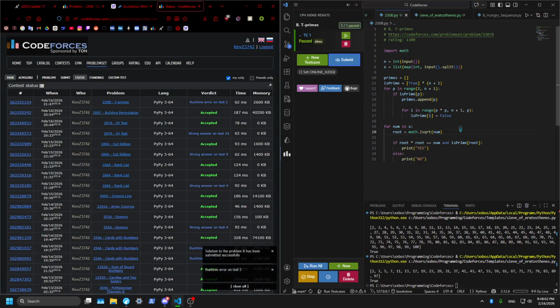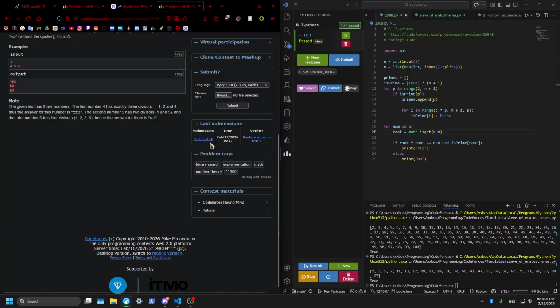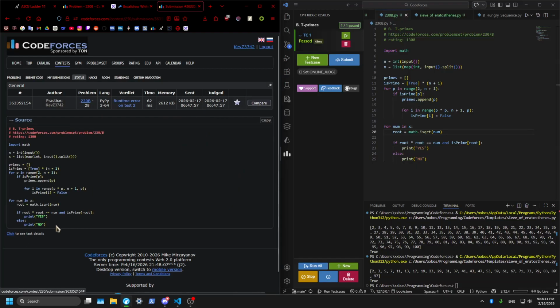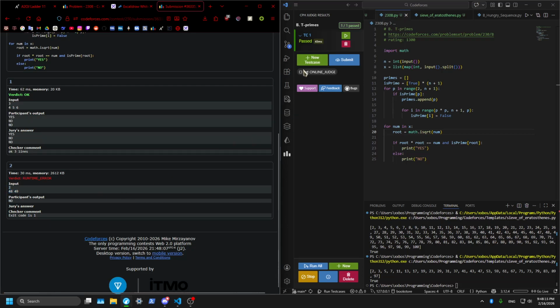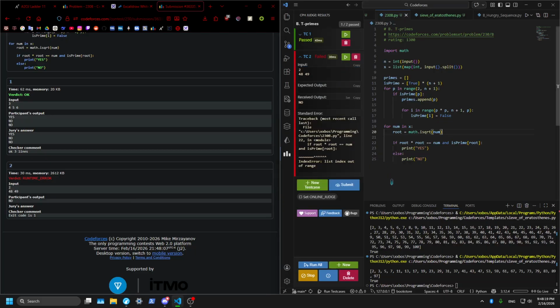Put a lot of work into this. Oh, it's over. Runtime error on test 2, so it passed the test and it fails the test? Line 22. Index out of range.